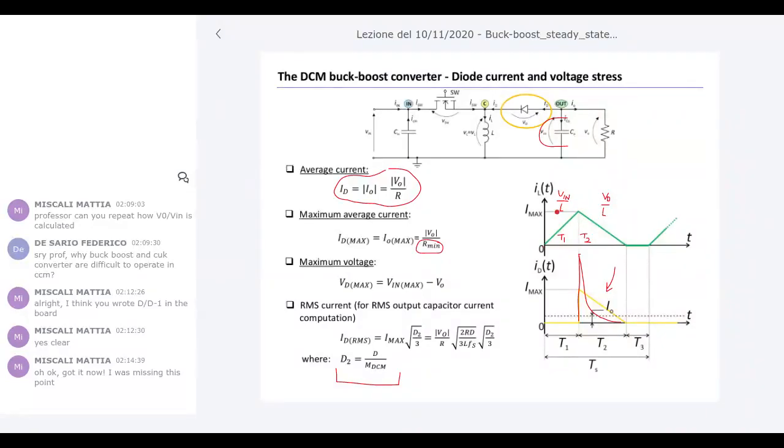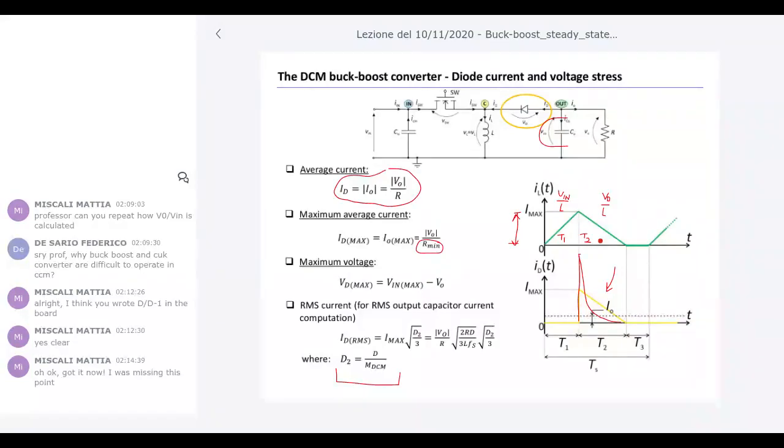These two quantities are the same, so the vertical variation of the current is the same during T1 and during T2. So we can say that, for example, Vin over L multiplied by T1 is the same as V0 over L multiplied by T2.